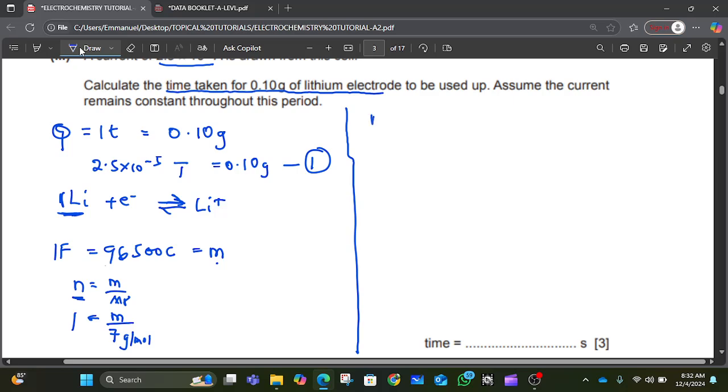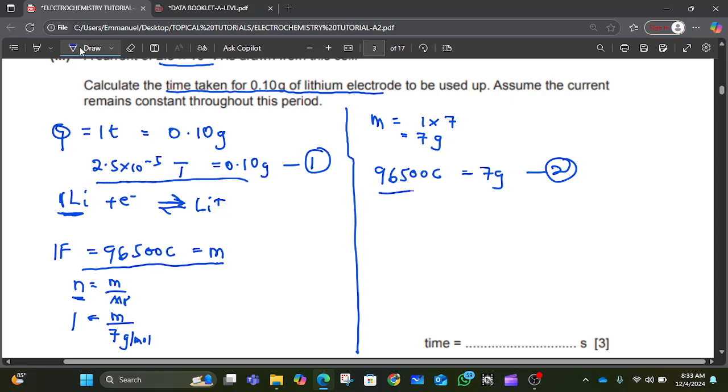So it means that the mass of lithium used up is 1 times 7, and so that will be 7 grams. So from this equation, our mass is 7 grams. So that means we have 96,500 coulombs corresponds to 7 grams, and this is equation 2. So we can use ratio and proportion on equation 1 and equation 2 to find T.